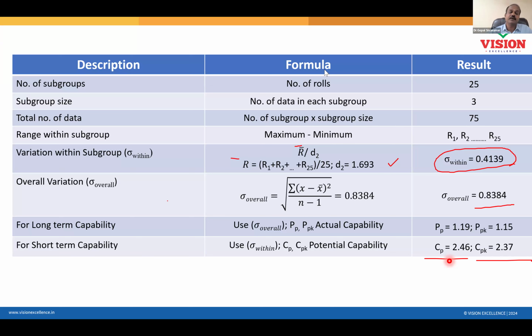In the 1 week, absolutely there are no special causes. But look at the past. If the past control chart has a lot of special causes, what do you understand now? Your 1 week control chart is free from special cause, but the last 3 months control chart has a lot of special causes. What do you understand now?